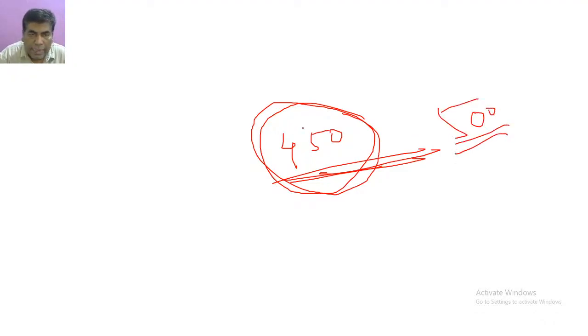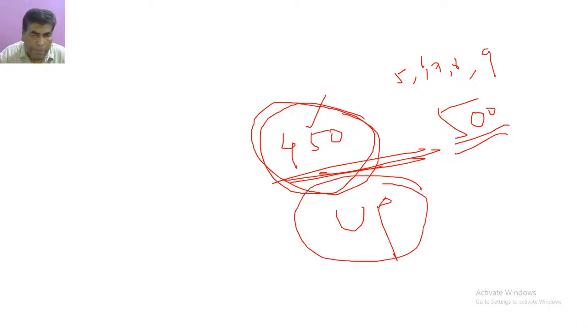Why? Because in the tens place we have 5. If we have 5, 6, 7, 8, or 9 in the tens place, we have to round it up. So 500 is the right answer. If they give 440, then in the units place we have 4.